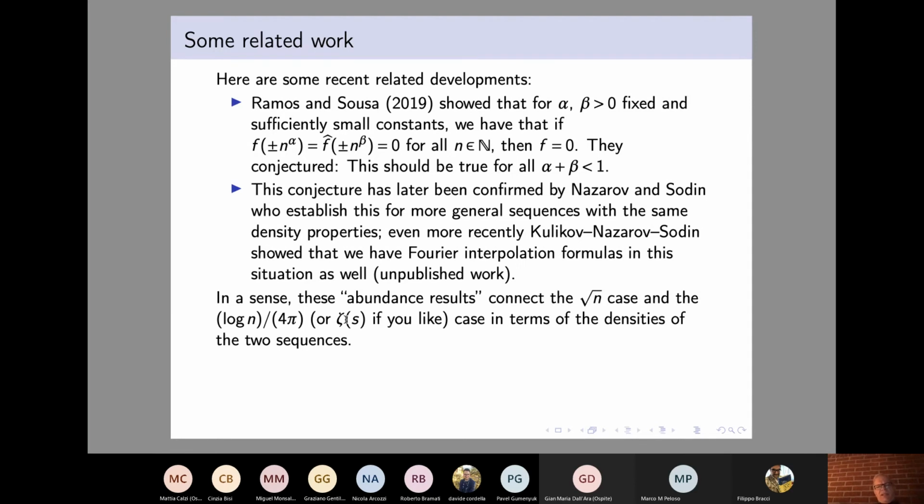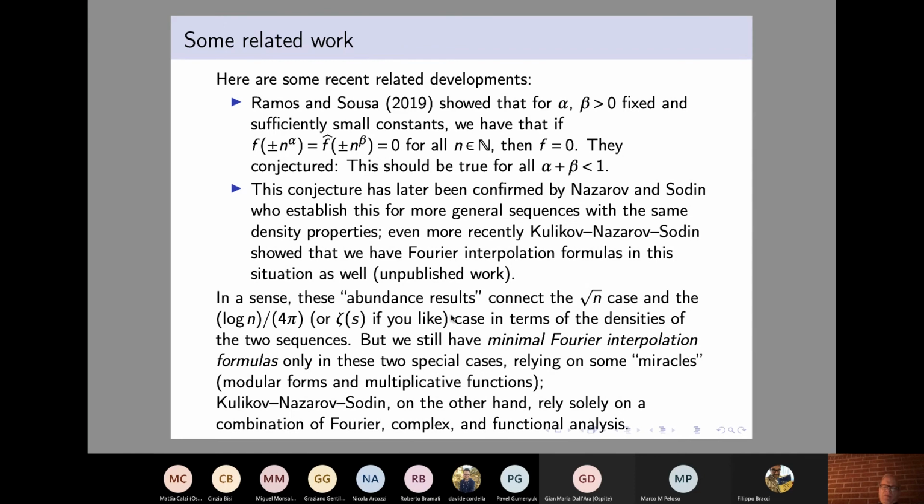In terms of densities, they sort of bridge between these two cases. If you look at sequences like this, n to the alpha and n to the beta with this restriction, you are sort of in between in terms of densities, and we are representing an endpoint case here.